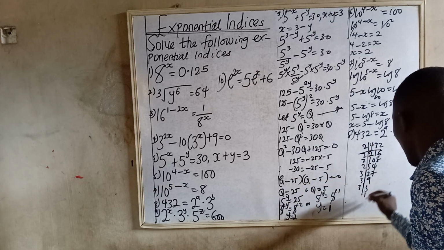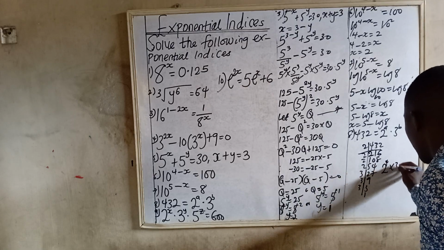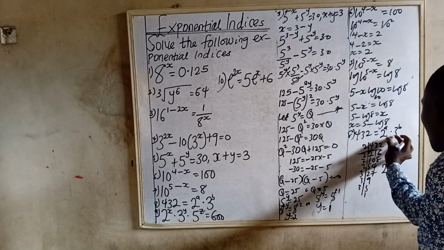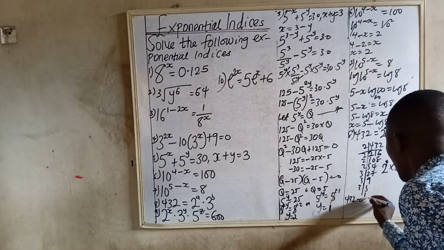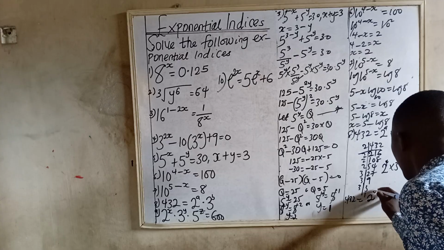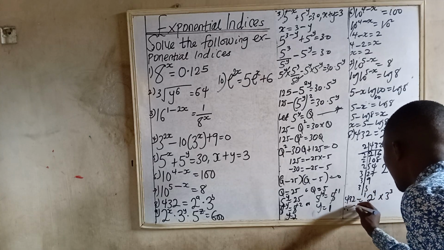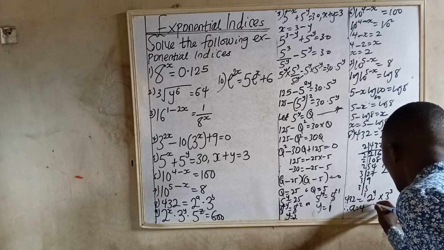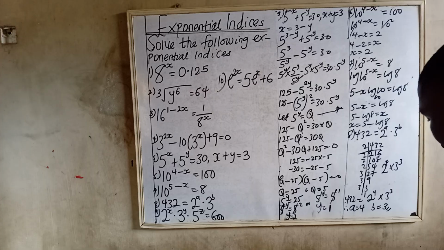It means we are having 2 to the power, 1, 2, 3, 4, 2 to the power 4 times 3 to the power 3. So now we can say 432 is equal to 2 to the power 4 times 3 to the power 3. Therefore, my a is 4 and b is equal to 3. I hope you are learning.